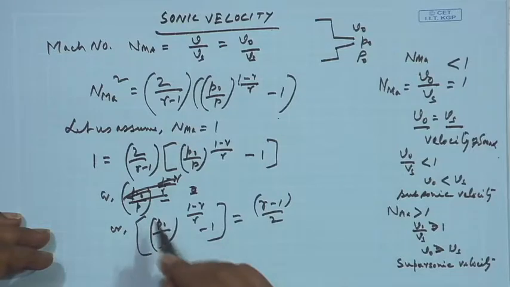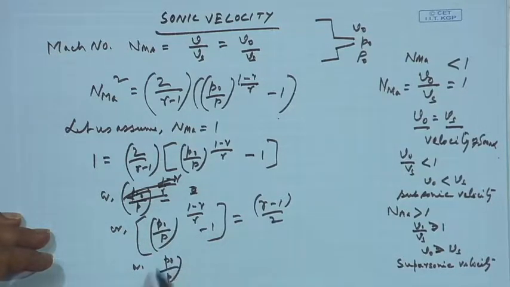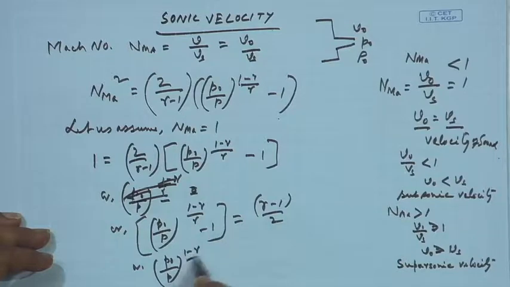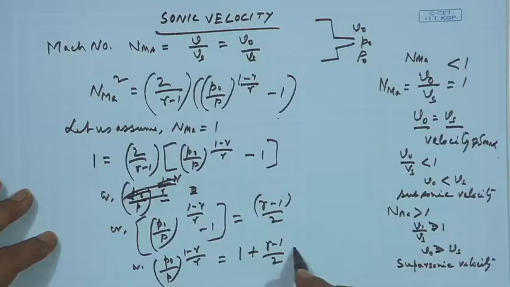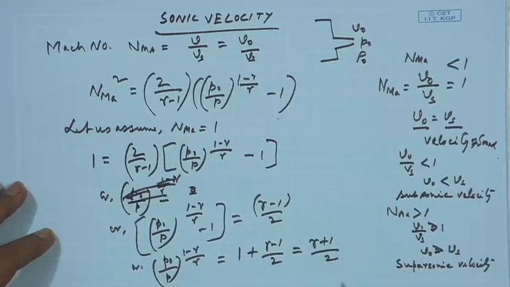So from this relation, P0 by P to the power 1 minus gamma by gamma, adding 1 to both sides, plus gamma minus 1 by 2, is equal to gamma plus 1 by 2.